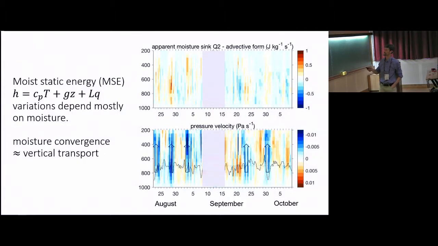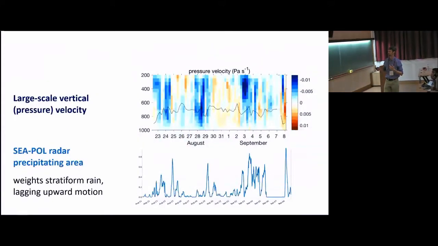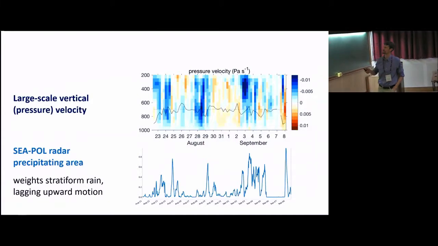When the pressure velocity is negative, the vertical velocity is up, indicated by these arrows. And these times are also the times when you would expect precipitation, rising and cooling of the air and precipitation. And in fact, the precipitation is leaving a net heating in the atmosphere. It is acting to heat the atmosphere and make it rise, doing that work.